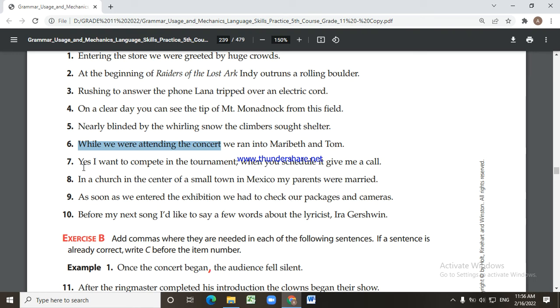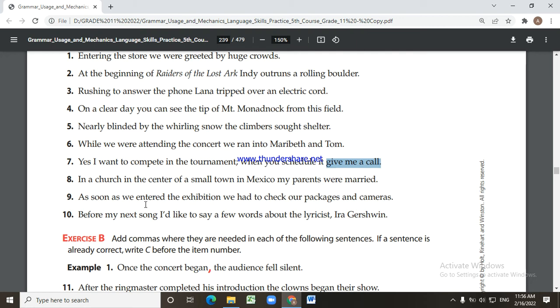Number 7. We said after yes and no, we should add a comma. So we put a comma after yes. And then another comma before give. Okay? Before give me a call.